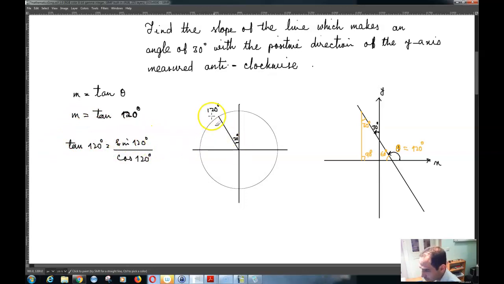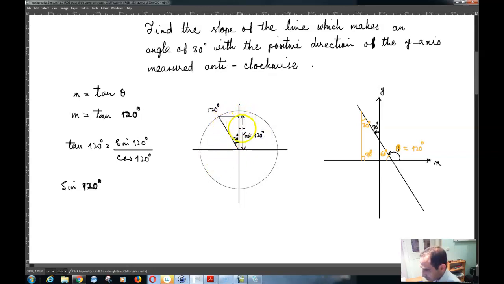Let's go for the sine of 120 degrees first, and then we will figure out the rest later. So sine of 120 degrees is really only this height over here, from here all the way up to here. This is the sine of 120 degrees.